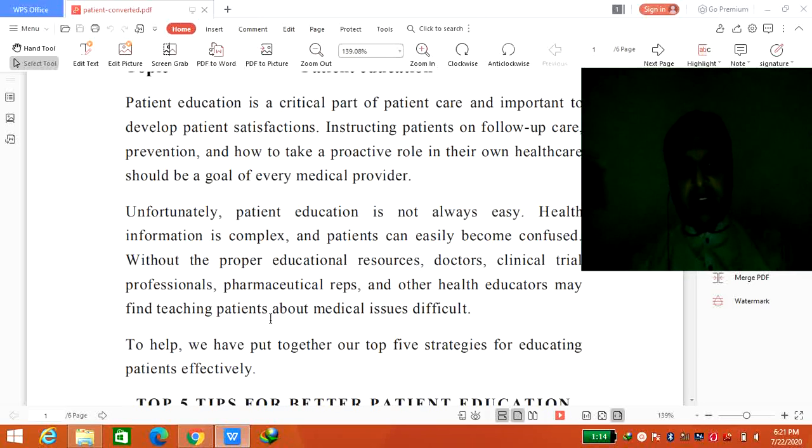That may be a doctor, a nurse, a pharmacist, a pharmaceutical representative, or a trial professional, depending upon the area where the patient is involved.